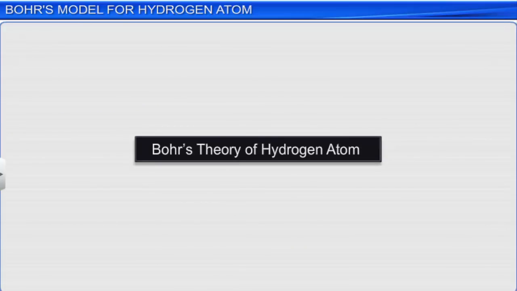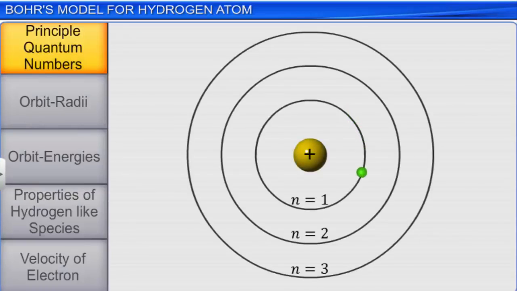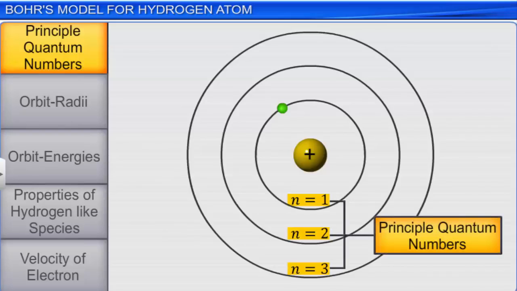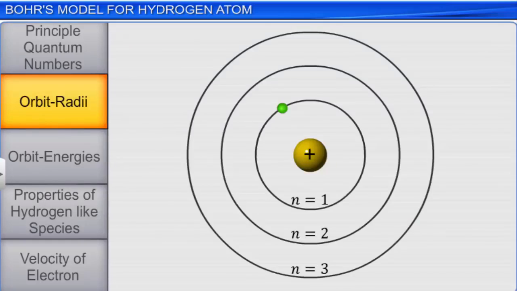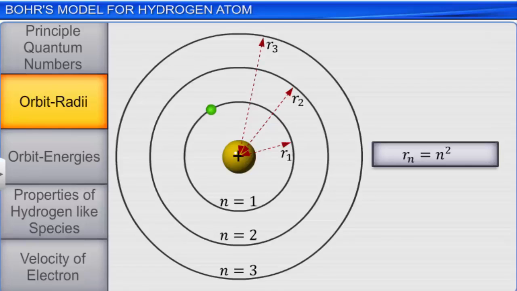According to Bohr's theory, the stationary states for electron are numbered n is equal to 1, 2, 3, and so on. These integral numbers are called principal quantum numbers. The radii of stationary states or orbits can be given by the expression radius of the nth orbit Rn is equal to n square multiplied by the constant a0, which is equal to 52.9 picometer.